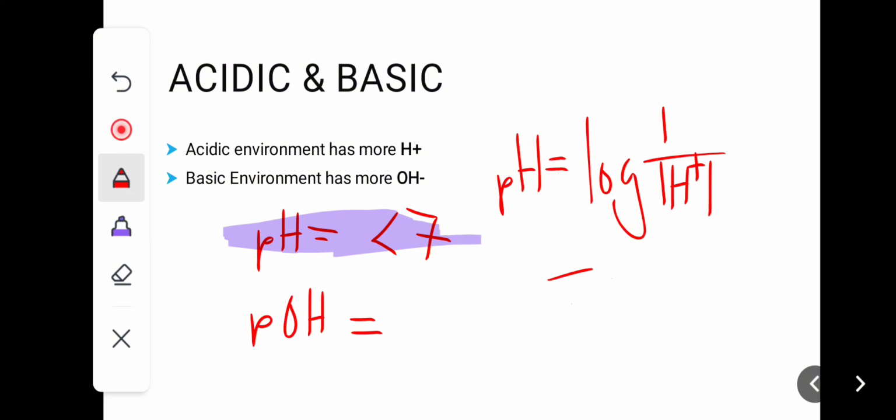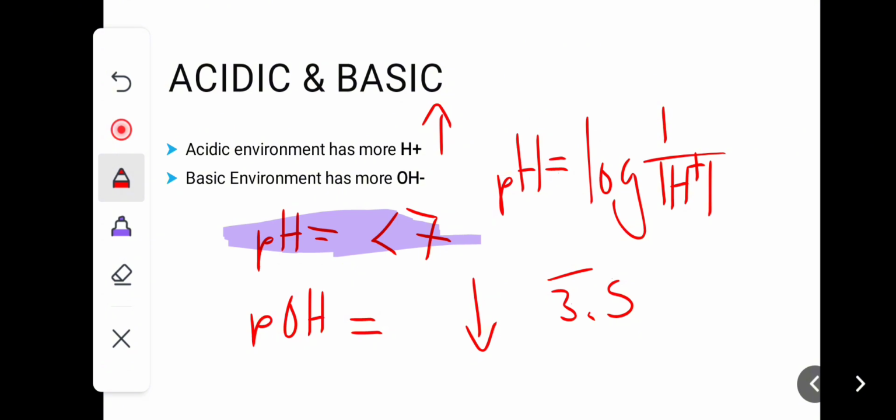So if an environment has plenty of hydrogen ions, the pH is going to be on the lower side, less than 7. And that's why on the scale anything less than 7 is termed acidic. Somewhere around 3.5 is the demarcation between a strong acid and a weak acid.